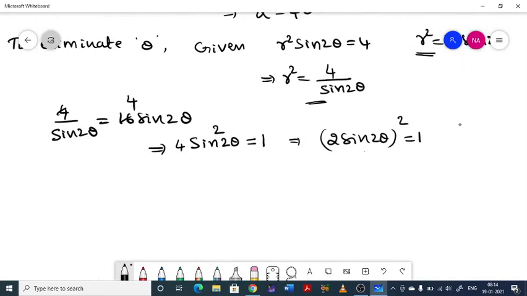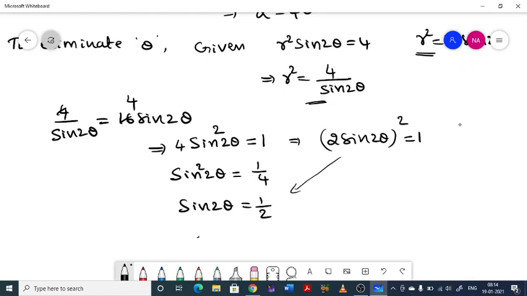Let us not worry about this, we can continue with this one. So sin square 2 theta will be 1 by 4. So sine 2 theta is 1 by 2. Even if you continue from this, you will be getting the same thing, no problem.